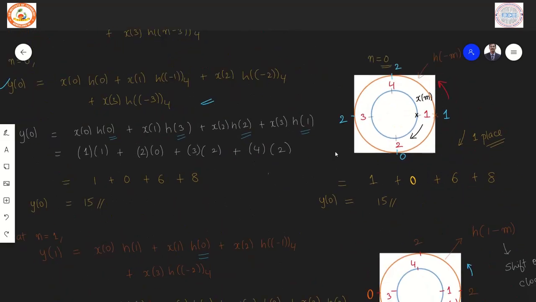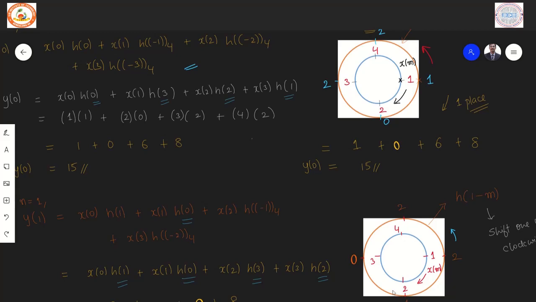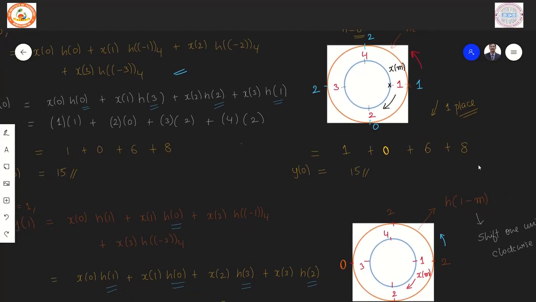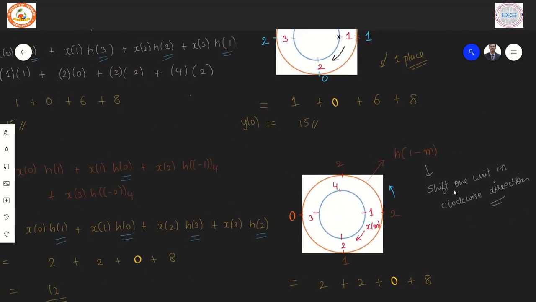To proceed for the next calculation, keep the inner circle fixed. Don't change the inner circle. But for h, we'll get an extra value which is 1. We have h of 1 minus m. So this is nothing but shifting 1 unit in the clockwise direction. Since we have a plus here, the direction taken will be clockwise.